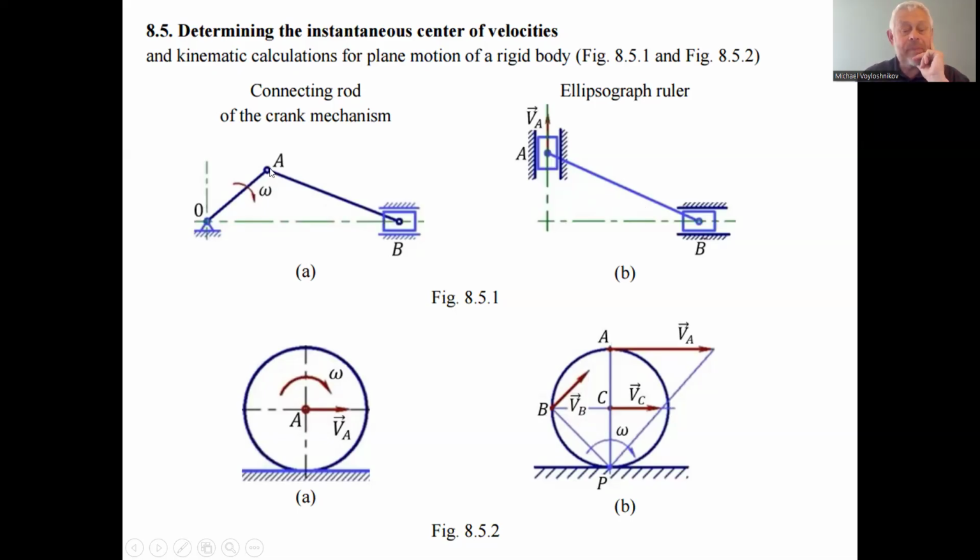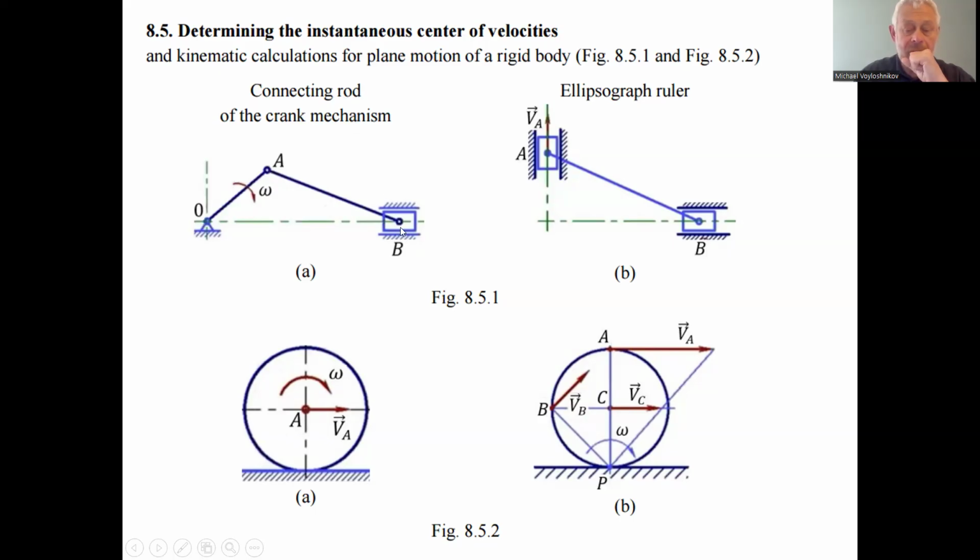For the connecting rod, if we have the direction by the tangent of the point A around the point O, we can find that inclined tangent, and by the perpendicular, keeping the straight line O, A, we will have the perpendicular to the direction of the hinge A with the crank.